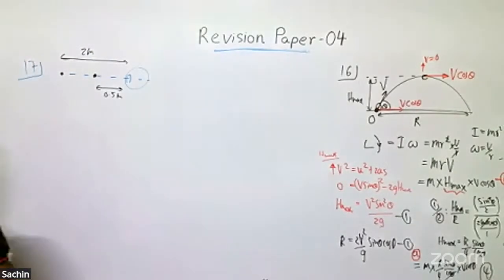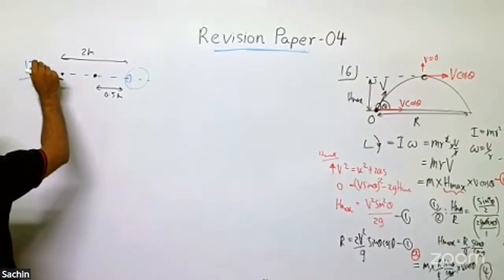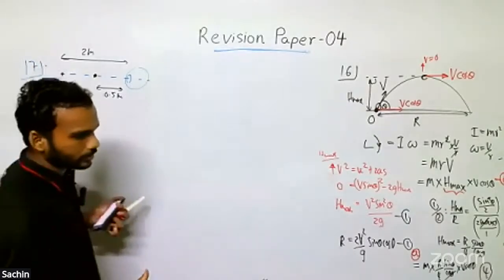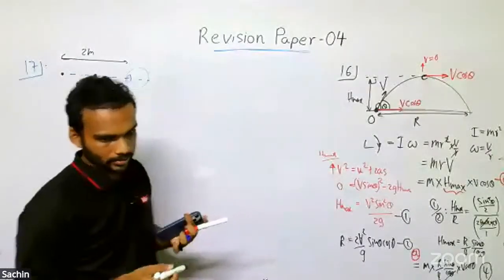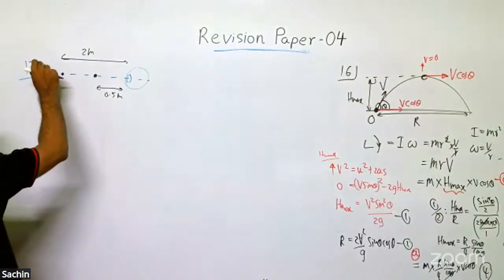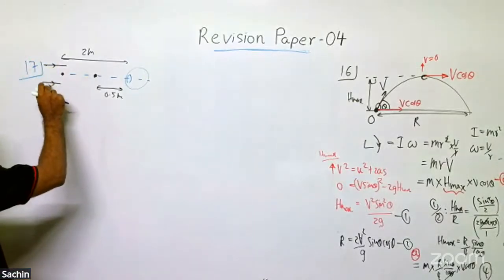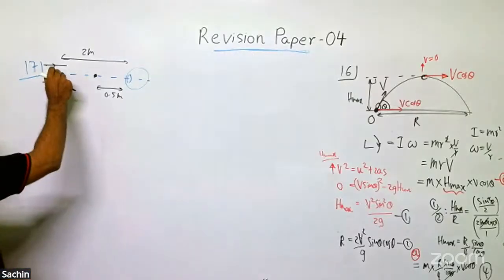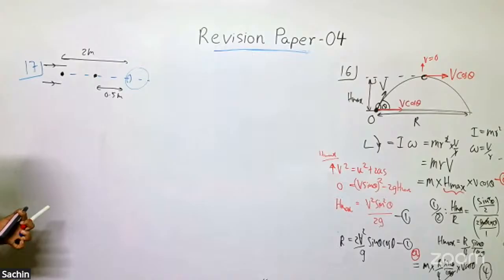For distant objects, we assume the far point is at infinity, and the normal far point we assume is at infinity. So now he wants to see objects at infinity. By the way, for his eye, the far point is at 2 meters.